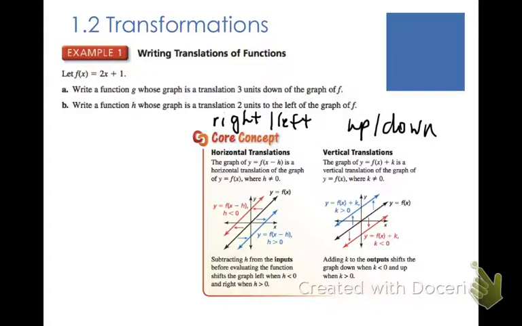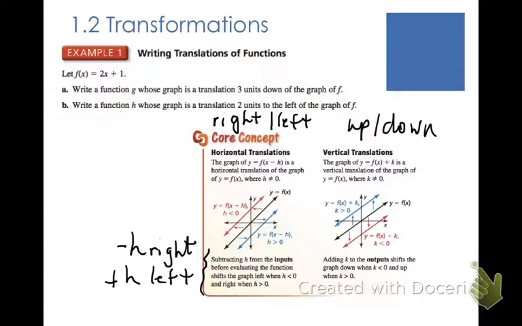Notice that last statement again. Subtracting h from the inputs before evaluating shifts it right. So if you look at your equation and you see a minus in the h value position, it's going to shift it right, and if you see one added, it's going to shift it left.